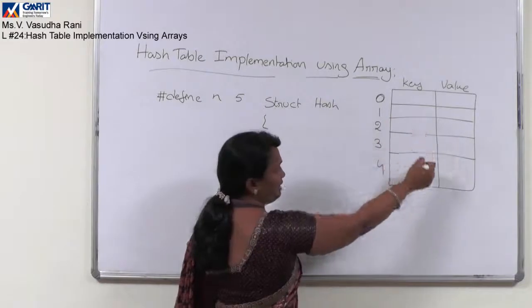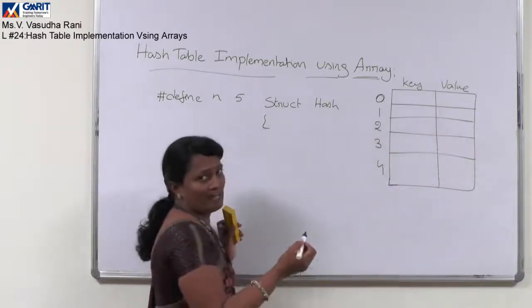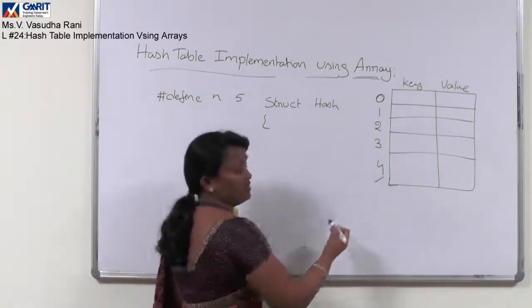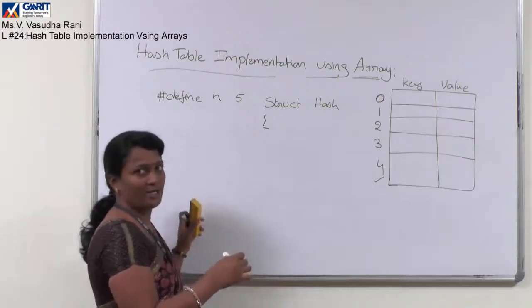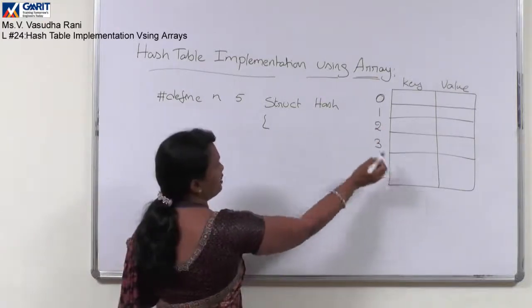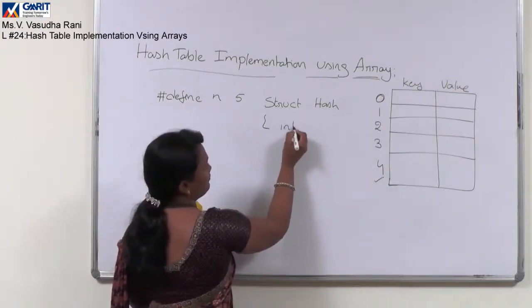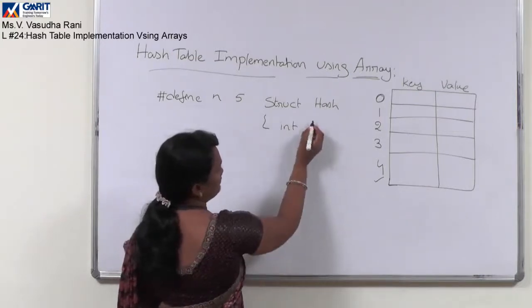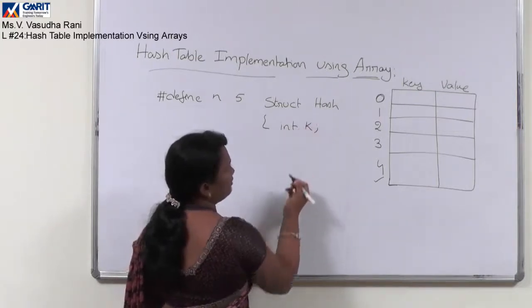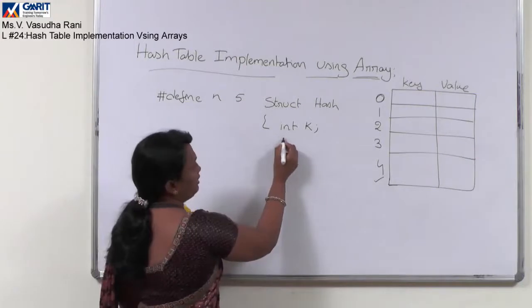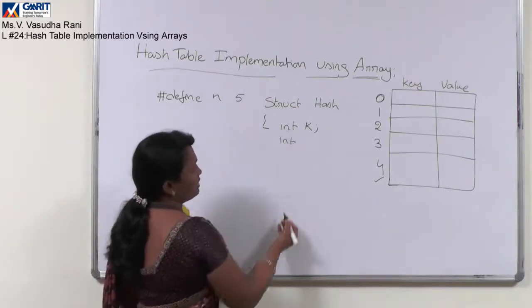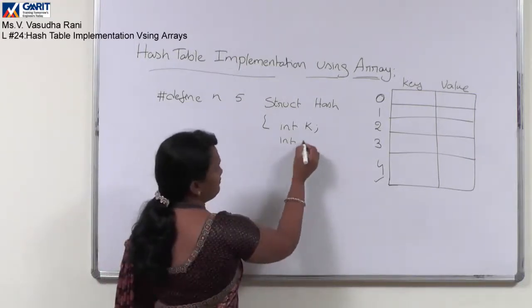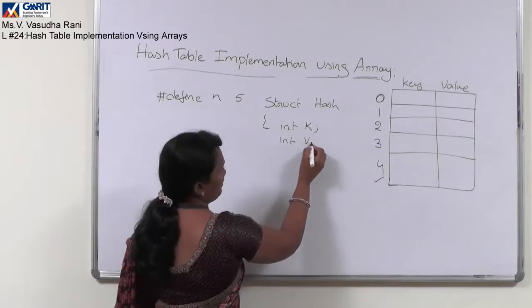We need a key column and a value column, wherein the indexes come with the array definition. So this key column, let us consider it as integer type, k. The key column is defined with k, and the value column also let us take as int itself, integer type.